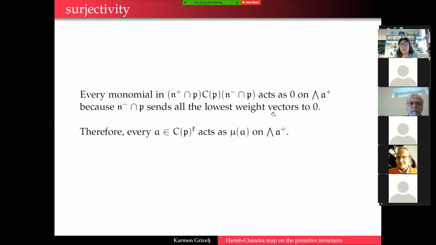And therefore, every K invariant A has to act as mu of A on the spin module. So we get an isomorphism.